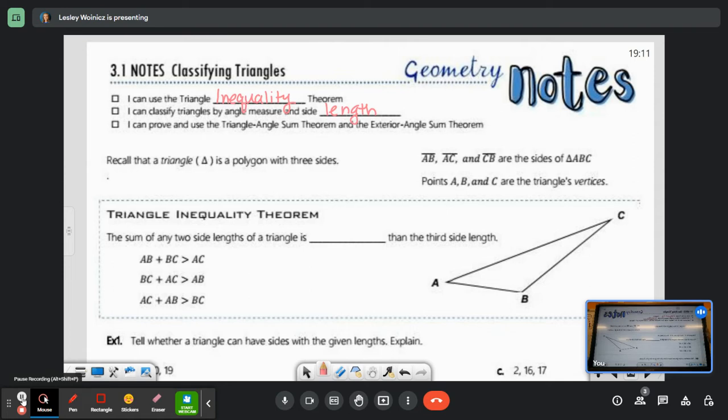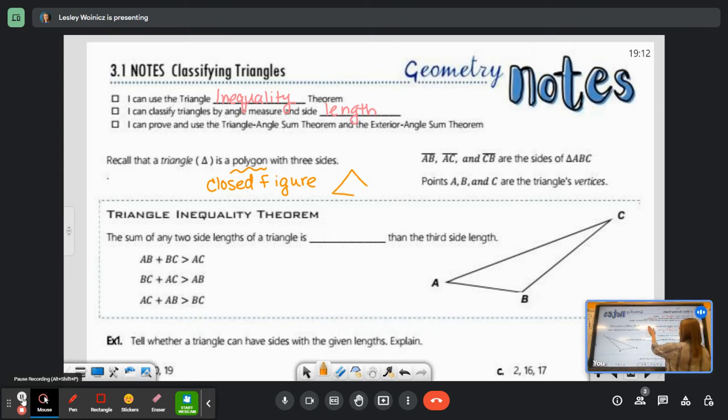Okay, so you're supposed to remember that a triangle is a polygon with 3 sides. Now, I don't know that we ever really addressed this, but a polygon is a closed figure. So like this, that's not a triangle.